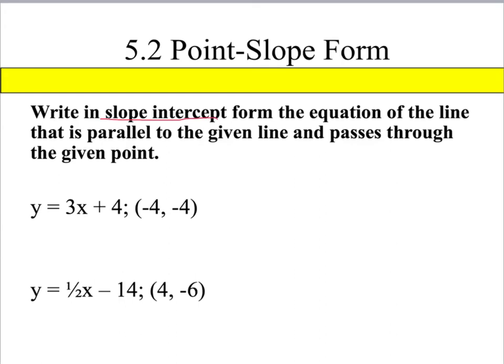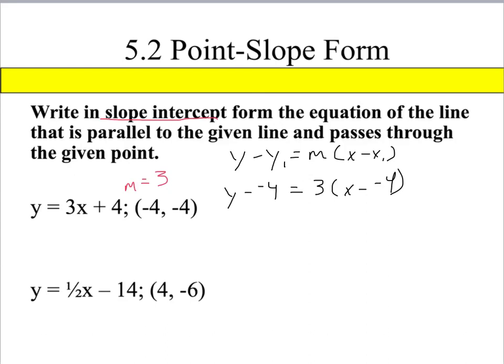Alright, so now I am given the equation, and from there I pull out the slope. What's the slope of y equals 3x plus 4? It is 3, so then I use y minus y1 is equal to m times x minus x1. Plug in my point of negative 4, negative 4. So I now have y minus a negative 4 is equal to 3 times x minus a negative 4.